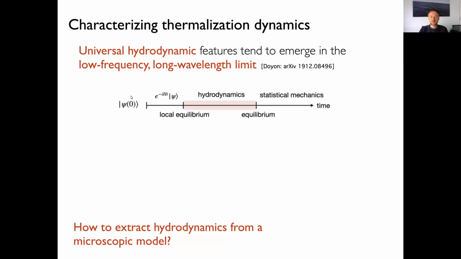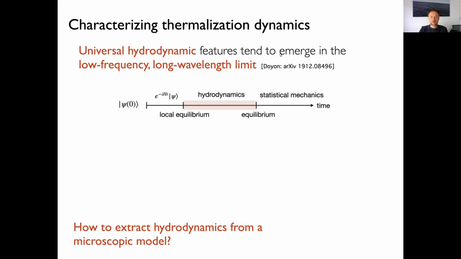To be more specific, we prepare some initial state, which could be a very simple state, like a simple product state, and we might want to evolve it with some specific Hamiltonian H, and then the short time dynamics will be highly non-universal and contain all sorts of complicated things.